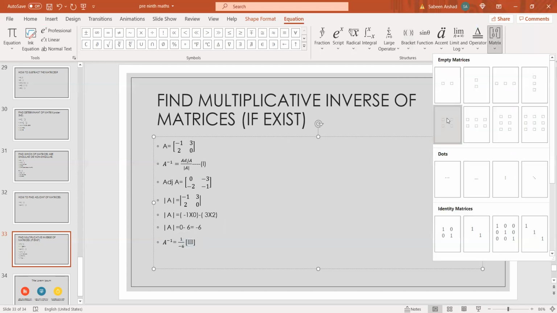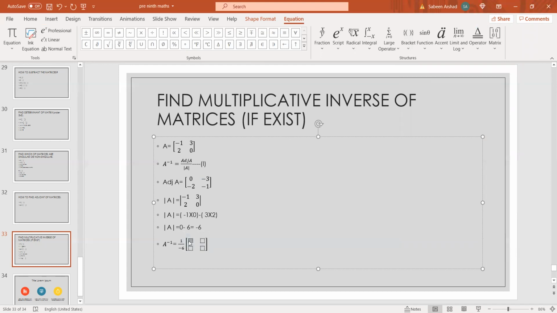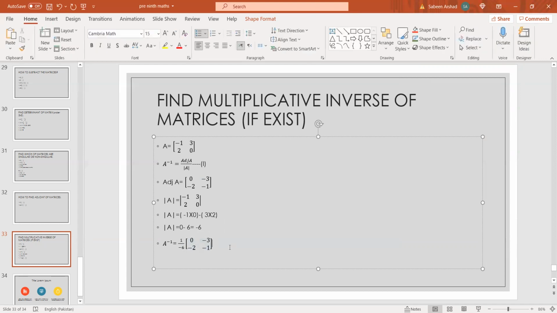This is a 2 by 2 matrix, and the adjoint is 0, -3, -2, and -1. Here, -6 is in the term of division. So let's take this -6 and divide each term which is present inside the matrix for further simplification.